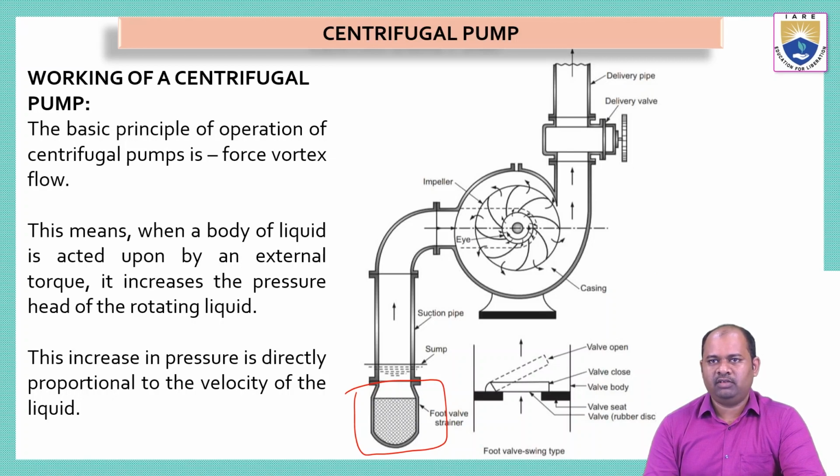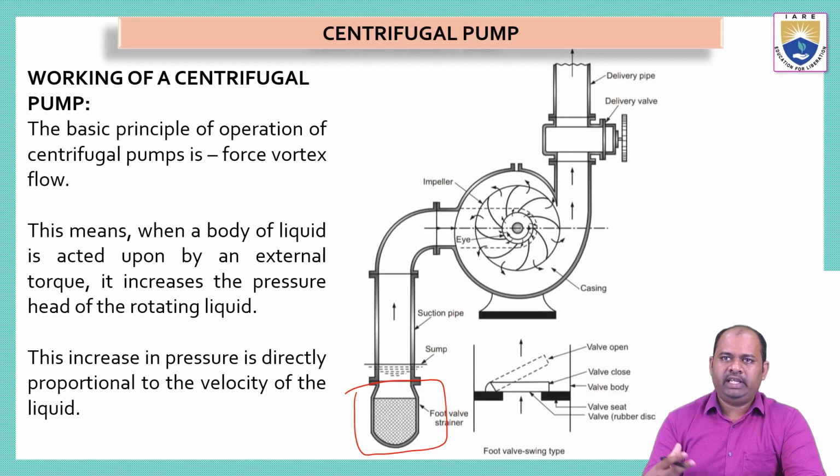Now what is the function of this strainer? The strainer will filter unwanted particles entering into the centrifugal pump. Okay, any unwanted particles like stones, mud, sand, etc., they will be filtered here so that they do not enter into the centrifugal pump and inside the casing, so that they won't cause any damage.